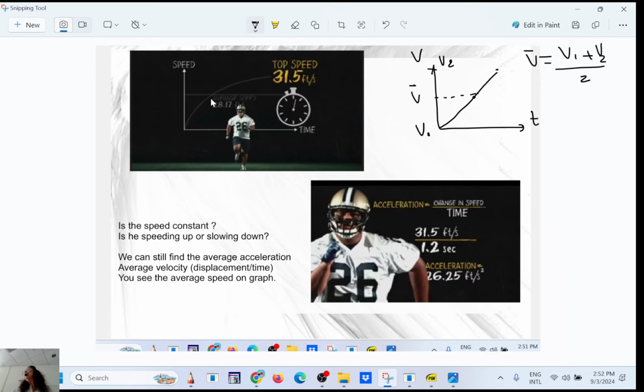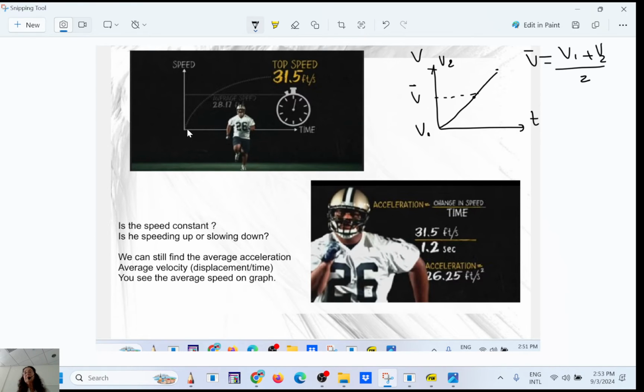Does it make sense? So that takes me to the new physical quantity, which is called acceleration. And these are real life numbers. So acceleration, the average acceleration, will be the change in speed. So actually it should be a vector. So it should be the change in velocity over the change in time.